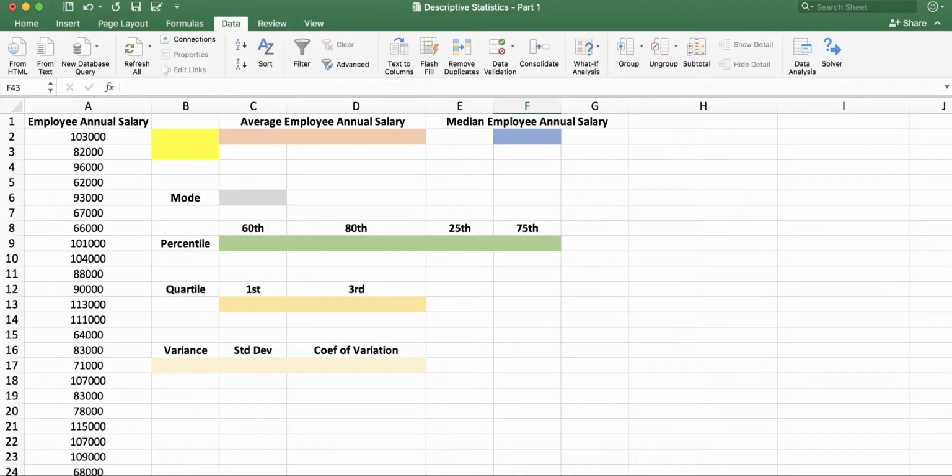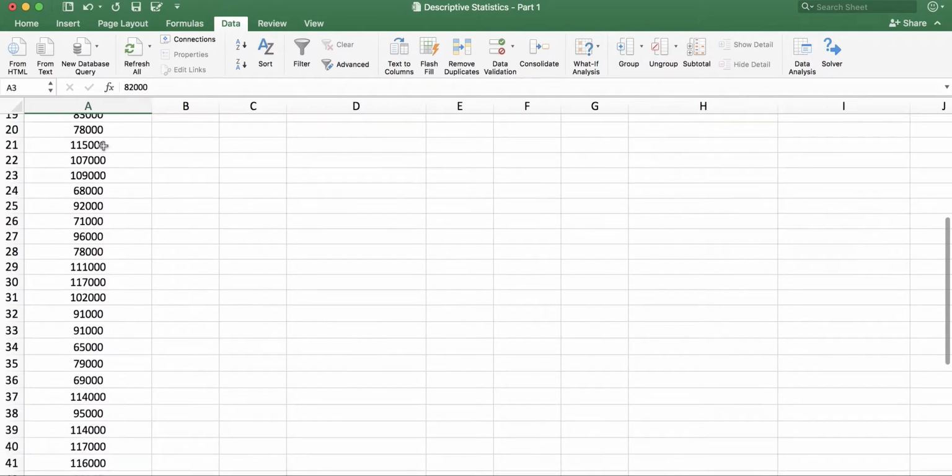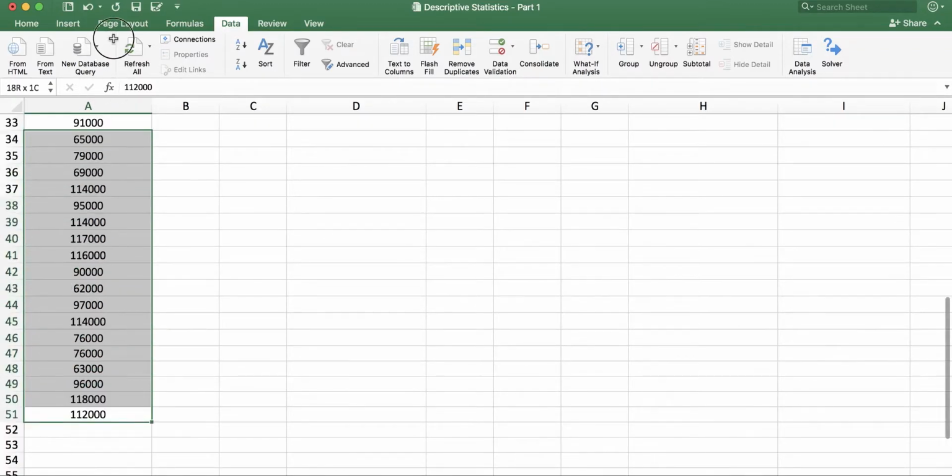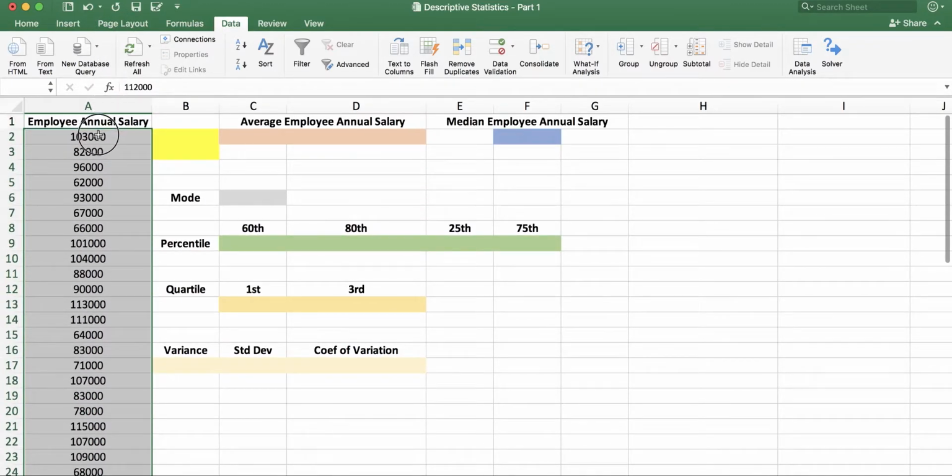So let's get into an example. I have a data set here which represents a number of employees' annual salary. I have the data set in column A here. You can see that I have the first employee, the second employee, and so on. I have 50 employees in total.